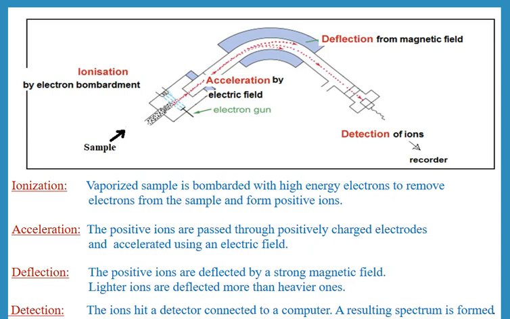This causes what? This causes acceleration of the positive ions. Then these positive ions go through a magnet or a magnetic field. This causes deflection. And in this case, the ions are separated. Lighter ones are deflected more than the heavier ones. They then hit a detector connected to a computer, and I end up with a mass spectrum.